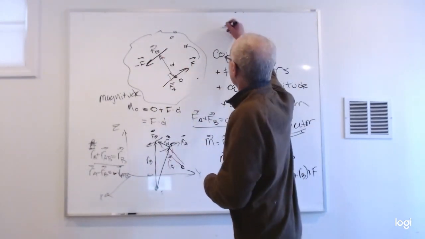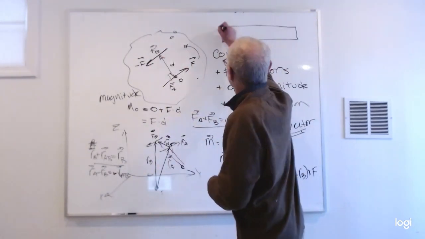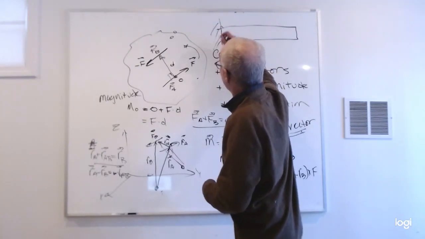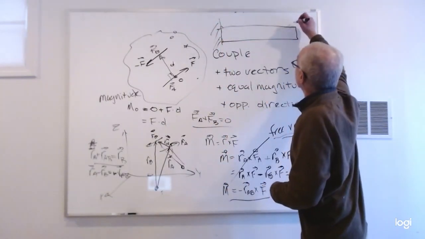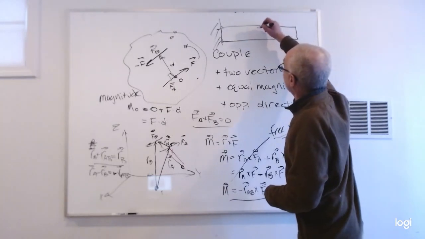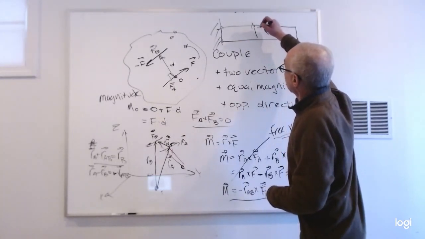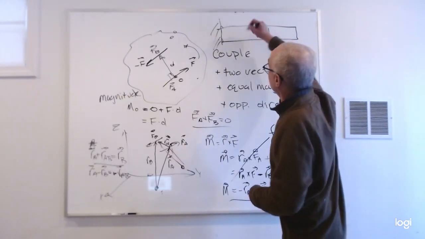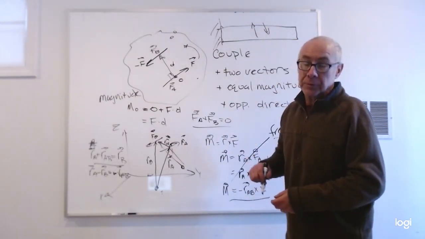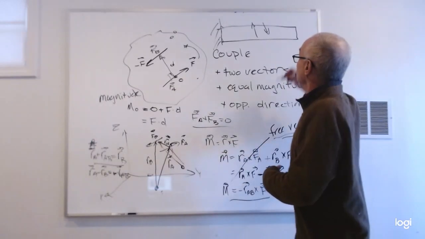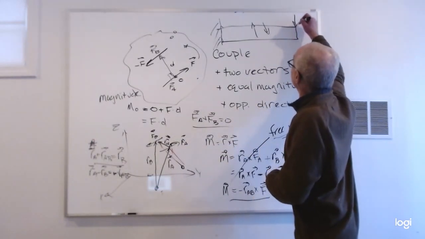So if you have a system like this, again, this is my wall. Here I have a beam, and I apply a couple here. That value can be applied at any point along the beam. And that'll be important when we're adding that to another force.